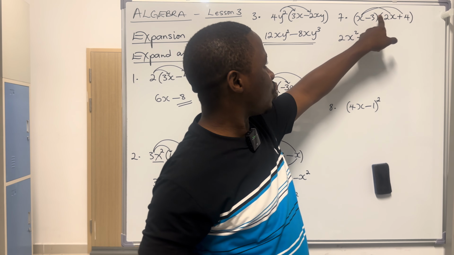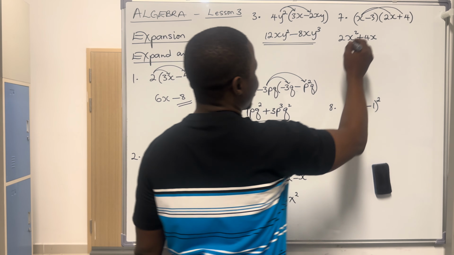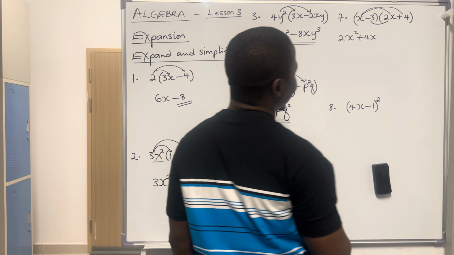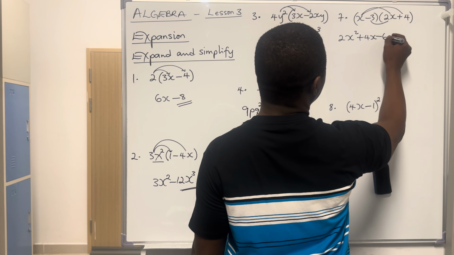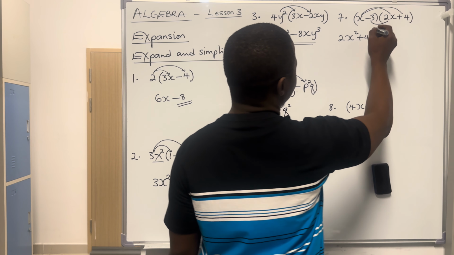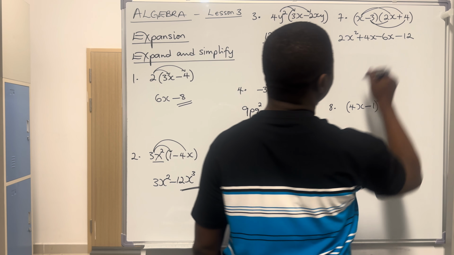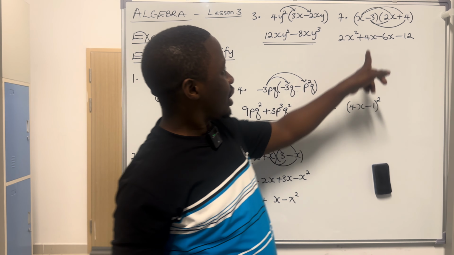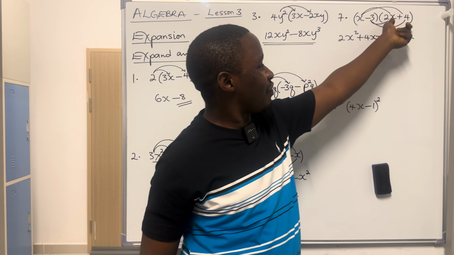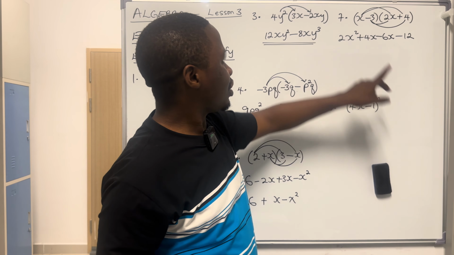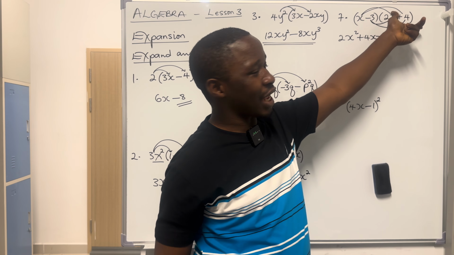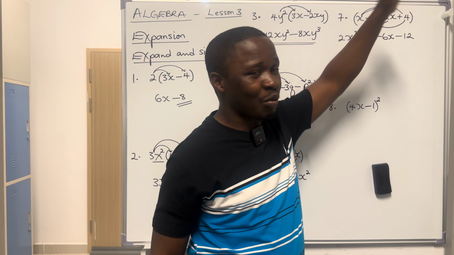It is time for us to use minus 3. Minus 3 times 2x is minus 6x, minus 3 times 4 is minus 12. The first thing we do, we use this one to multiply every term here. When we are done, we use the second again to multiply every term in the second bracket.